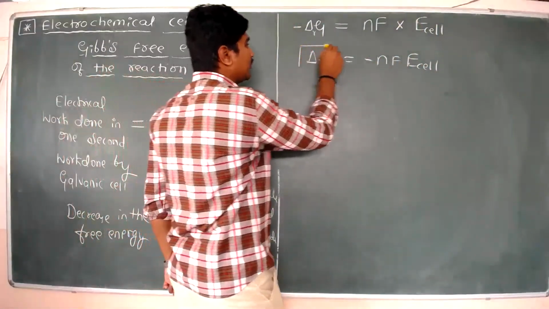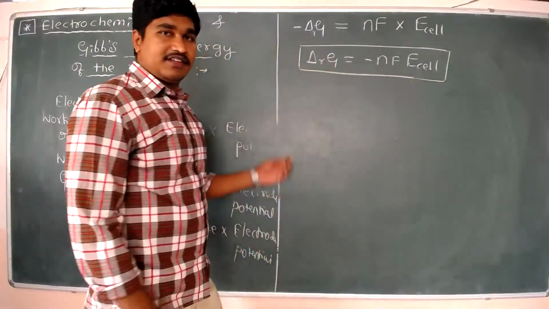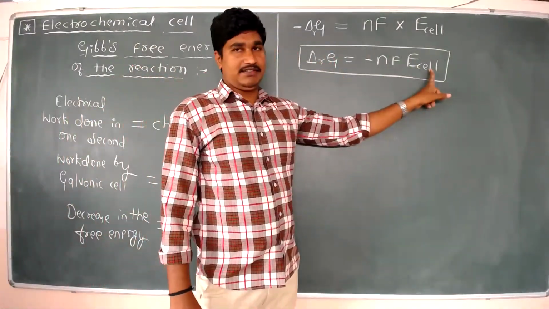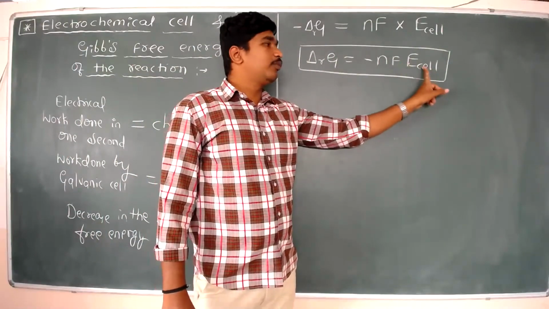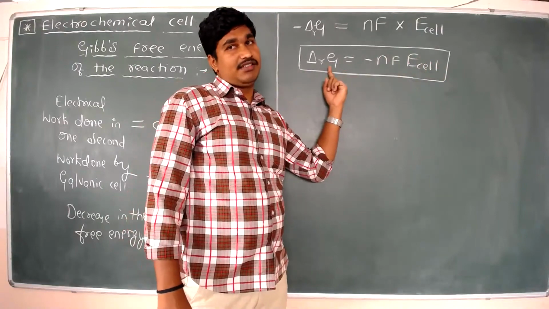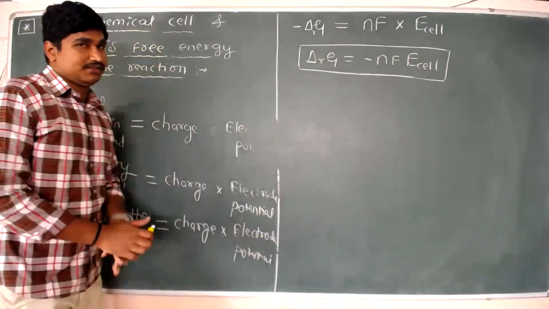This is the formula that we want to get here. This will give the relation between change in Gibbs energy and the E cell, that is, electrode potential of the electrochemical cell and the change in Gibbs energy.